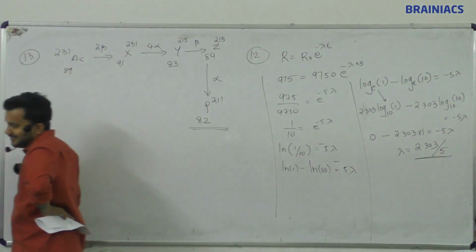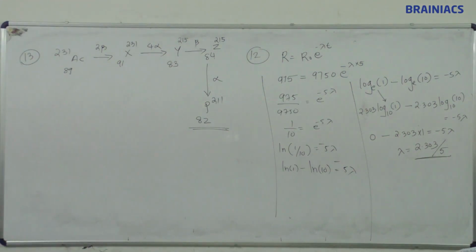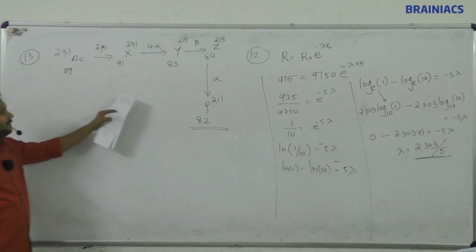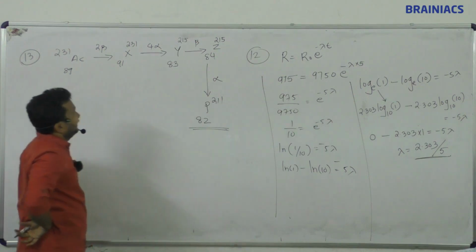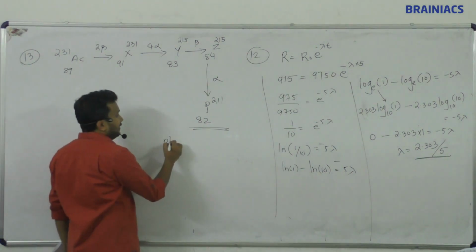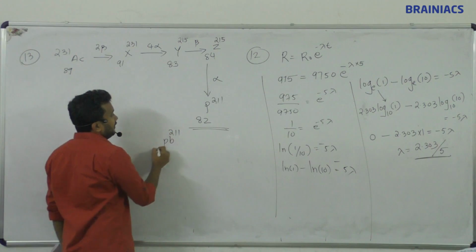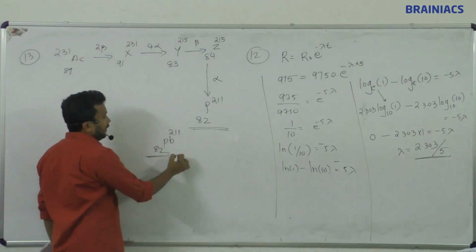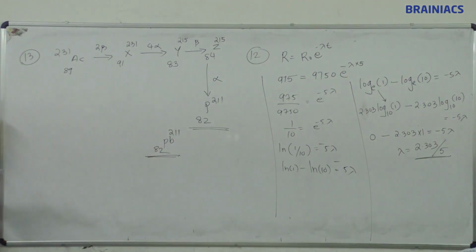That's all. 211, correct? Then 82, lead is like this. Pb, lead, right? 211, 82. Lead. Very poisonous.